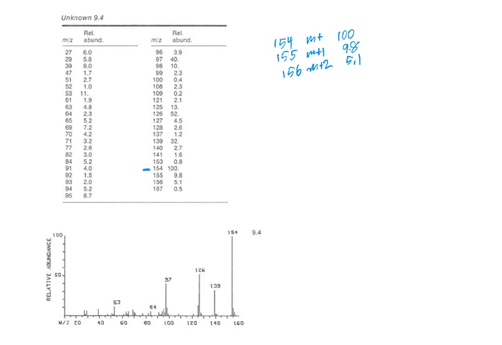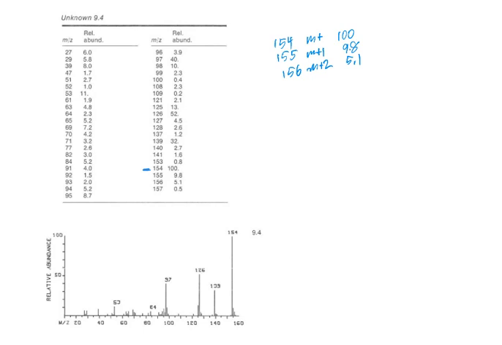All right, so what do we think? Is it silicon? It could be, but both silicon and sulfur have that A plus 2, but silicon is 3.4 and sulfur is 4.4.